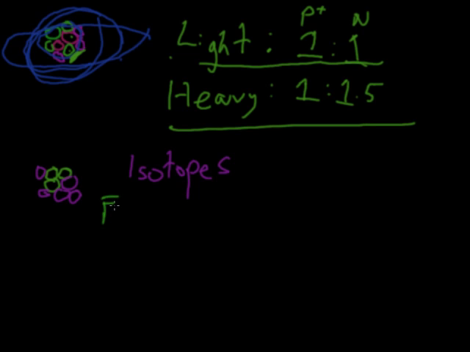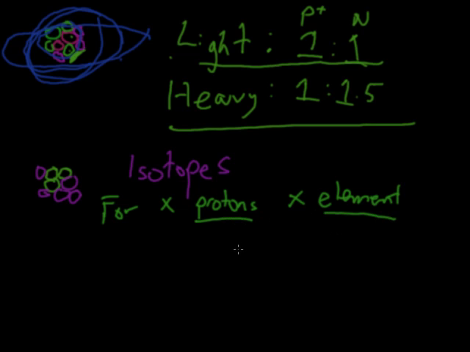So the way it works is this. For a given number of protons, that atom will always be the corresponding element. So it's the number of protons that determines what element you are. So if you've got one proton, you're a hydrogen.